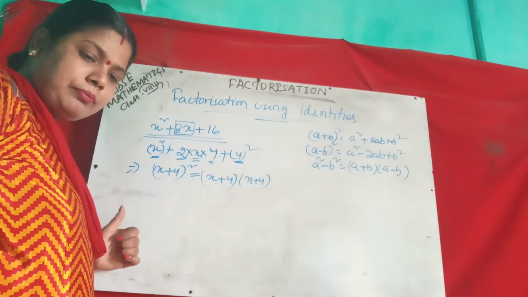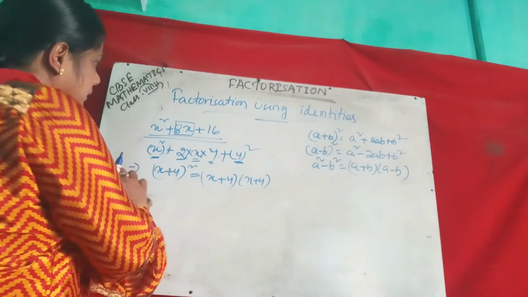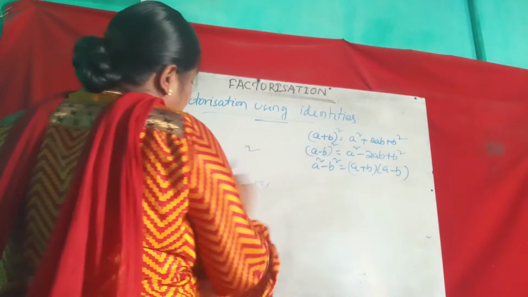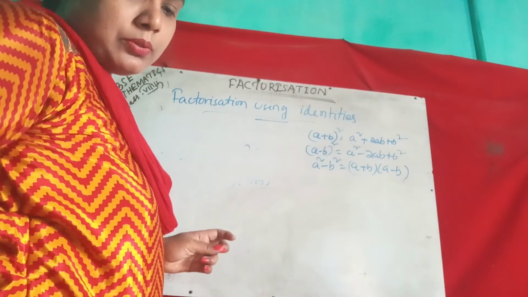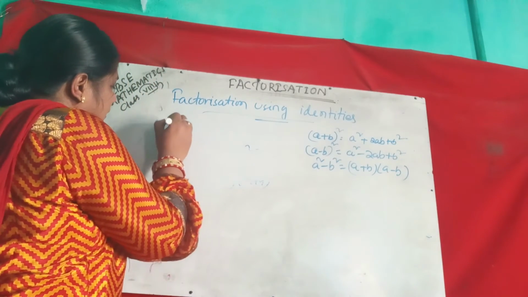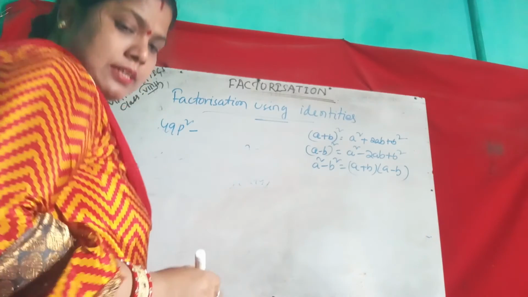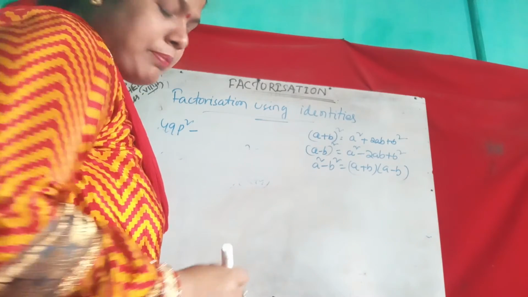Then another question. Example: 49p square minus 36.